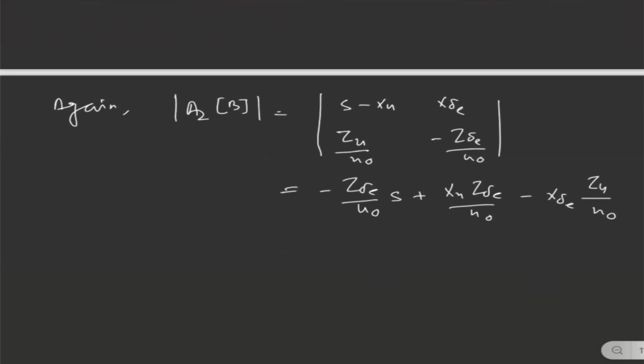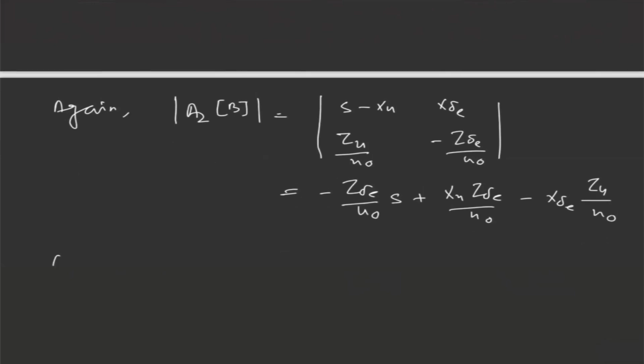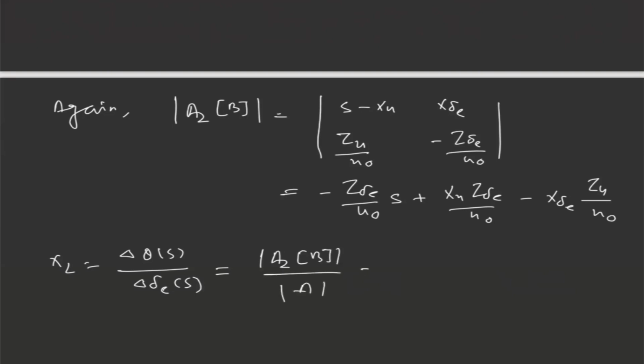And the transfer function we can find, so X2 you can find: delta theta(s) divided by delta elevator(s), which is A2 B divided by the determinant.